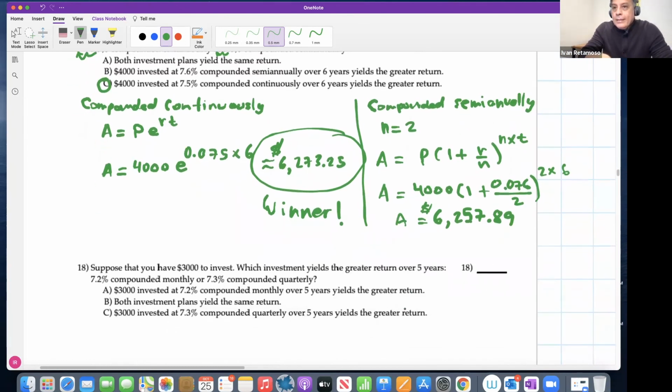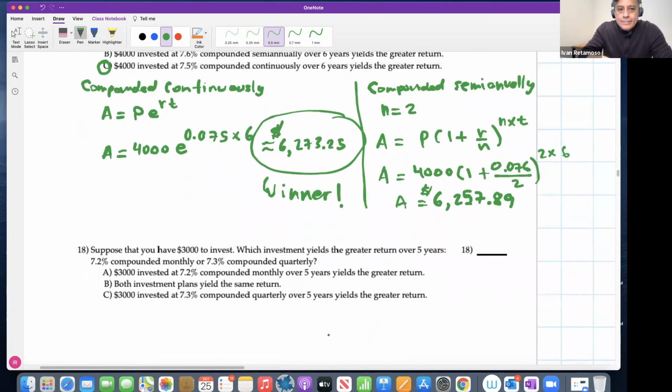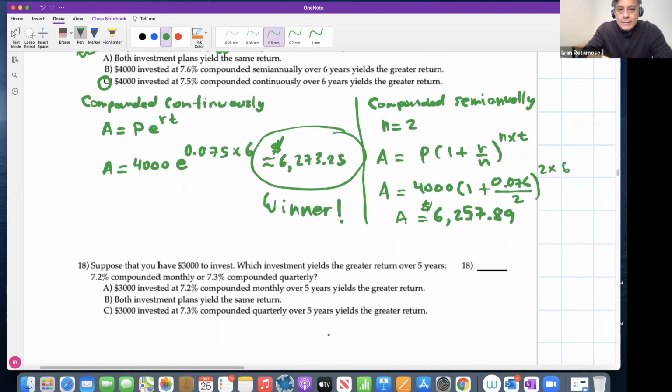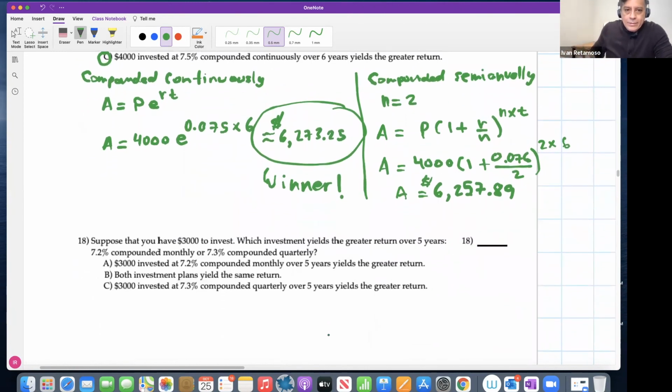Can you try number 18? I'm going to leave this as a reference. Yeah, it's a little bit tricky, but I think you can handle this. Two scenarios, right? Two types of investments, go through both and figure out what is the best.